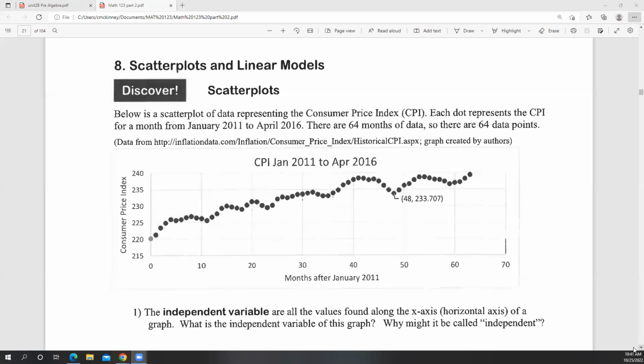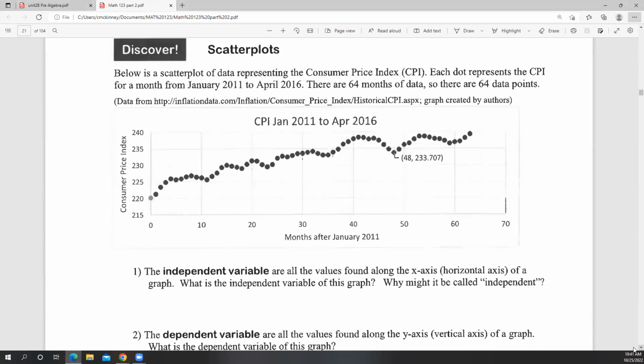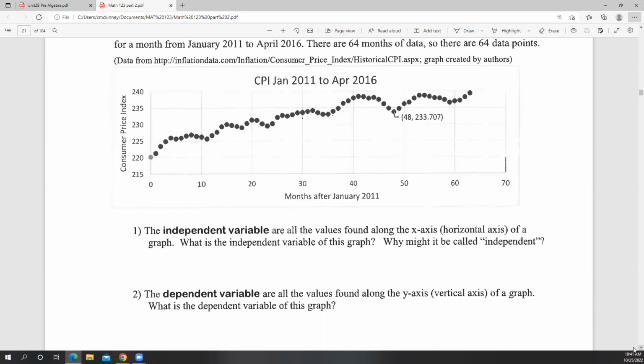And in this case, rather than it being a date or a year that we're putting in, it's the number of months after January 2011. And the dependent variable is our consumer price index numbers. Now, obviously, those numbers have 3 decimal points at the end. So wouldn't that be fun to try to graph that exactly?